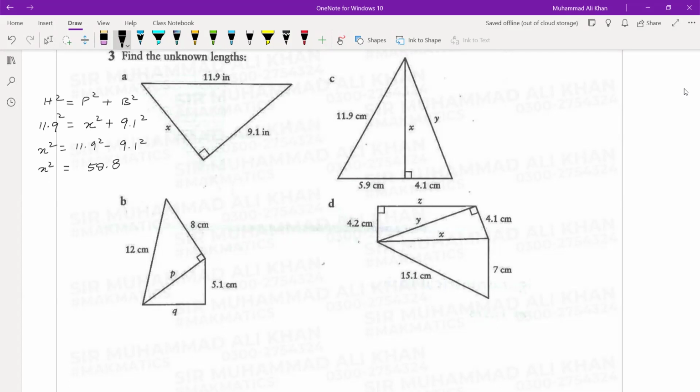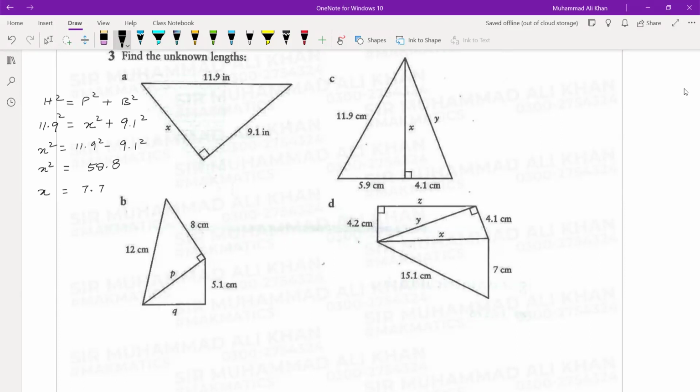And after that, we have to take the under root of 58.8. And what is under root of 58.8? 7.67. 7.67 means 7.7. The side is 7.7. Are you clear?